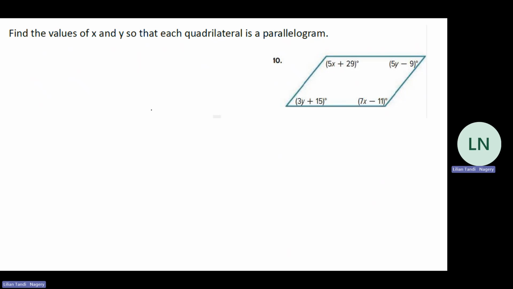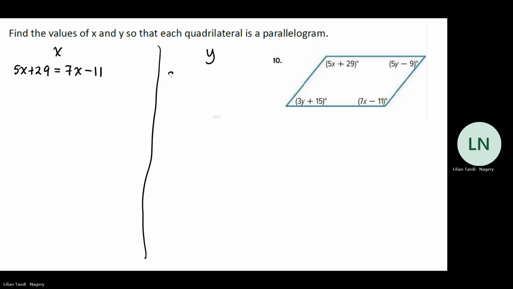Next question. Opposite angles of a parallelogram are congruent. Let's do x here and let's do y here. 5x plus 29 is equal to 7x minus 11. 3y plus 15 is equal to 5y minus 9.